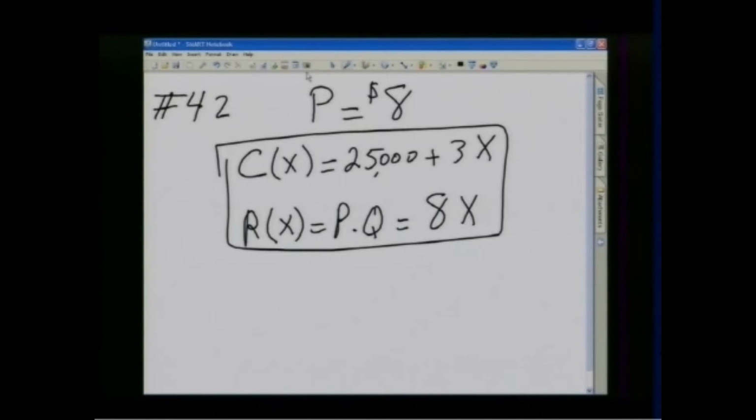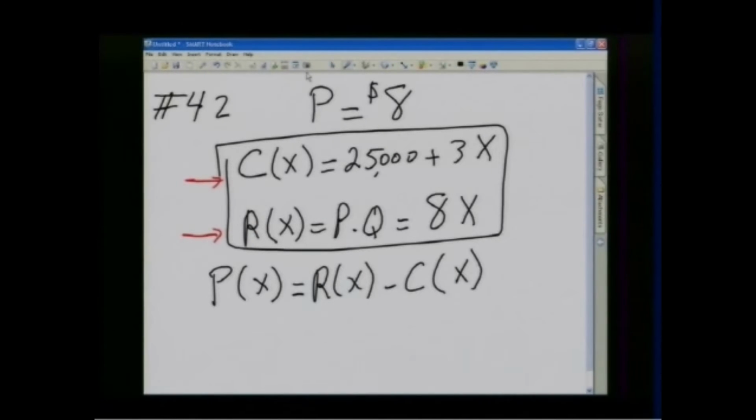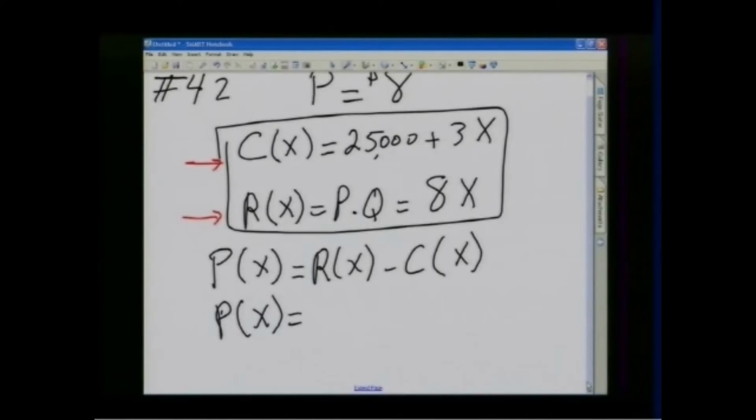You can calculate the break-even point by setting cost equal to revenue, or you can calculate the profit and set profit equal to 0. They mean the same thing. Let's do it that way. Let's find the profit function. P of x, profit, is equal to revenue minus cost. The revenue function is 8x.